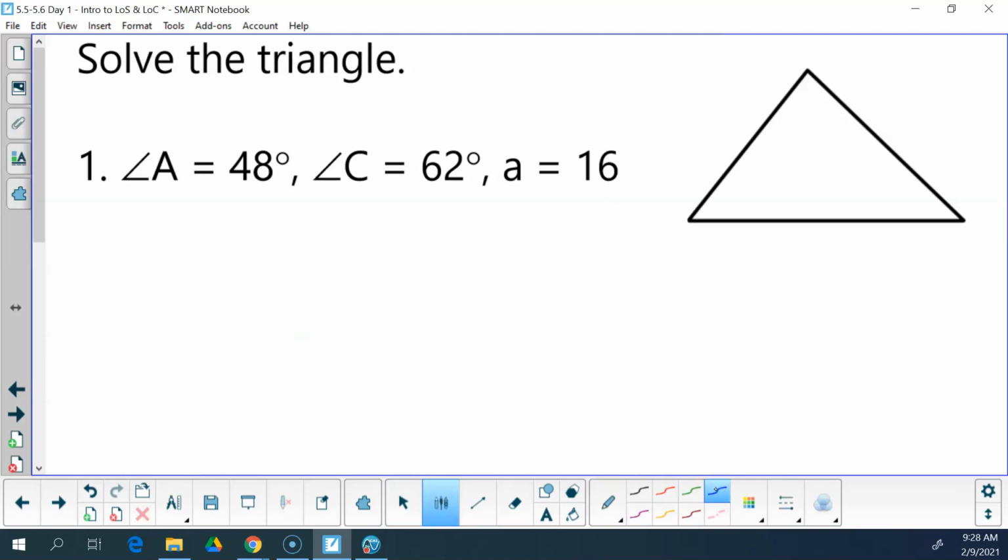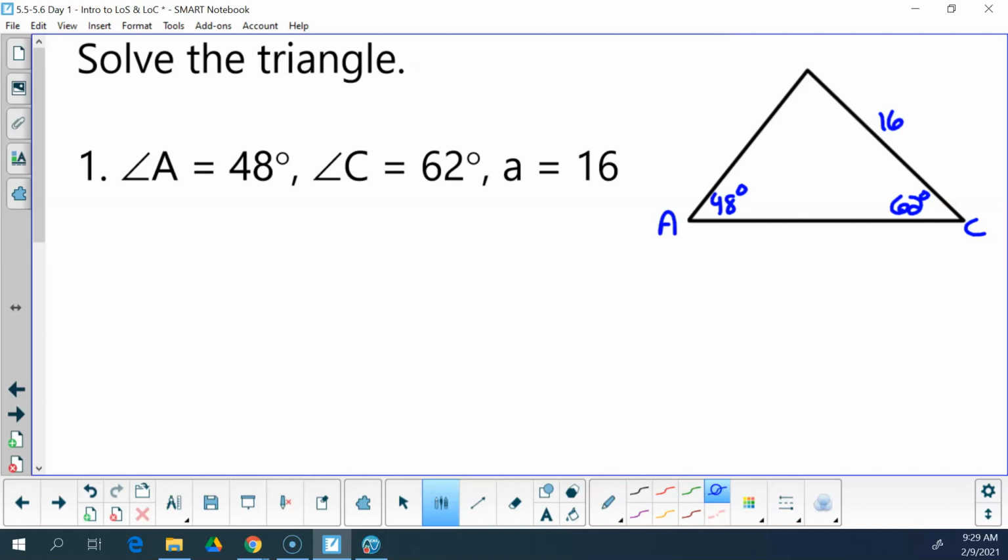If I say that this is angle A, and any of the three angles can be your angle A, angle A is 48 degrees. Angle C is 62 degrees. And side A is 16.